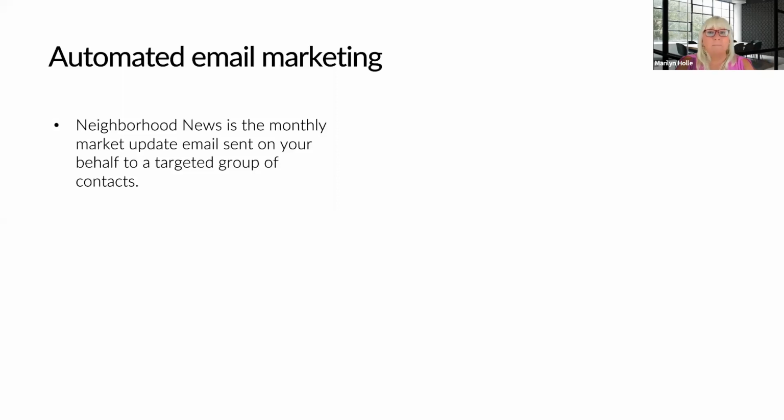It lets me know what the median sales prices in my area are, whether the days on market are going up or down, and whether the pendings are going up or down. Really good, relevant information that someone who lives in an area, even if they're not thinking about buying or selling, it just lets them know what's going on in the market.